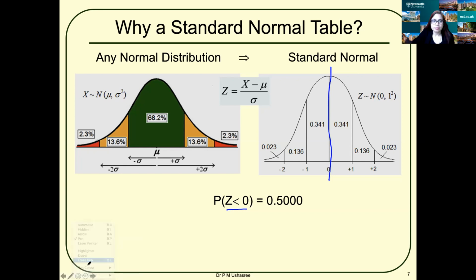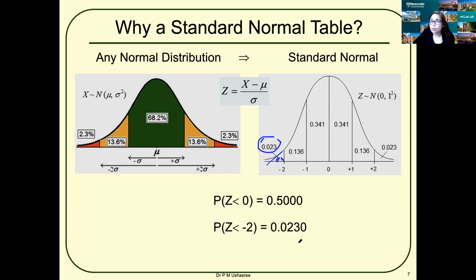Similarly, if I ask you what is the probability of finding z less than -2, that is, you're interested in this region, you still can use the empirical rule to find the percentage, which is 2.3%.